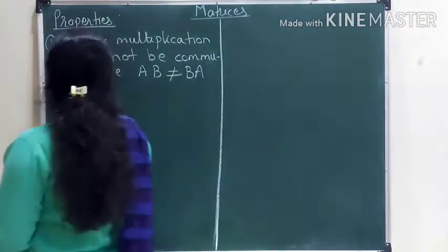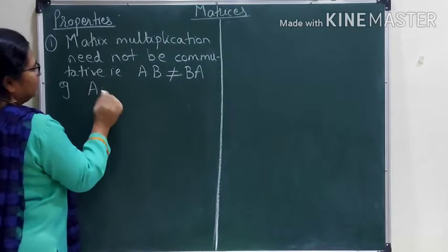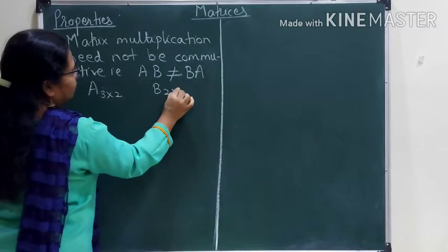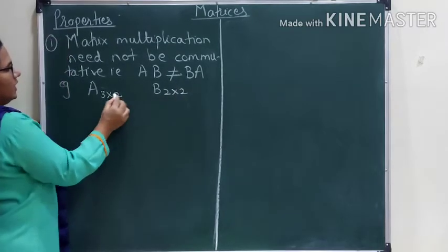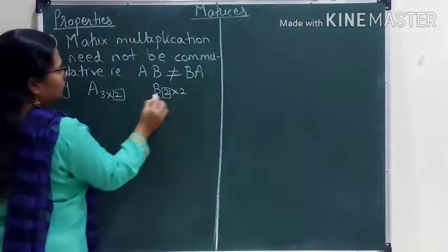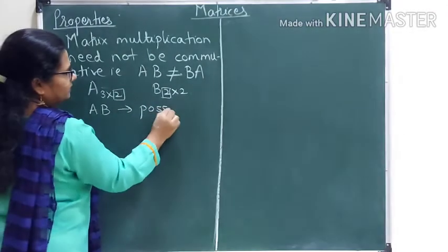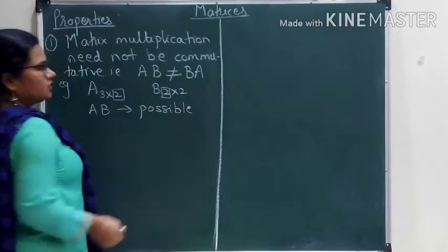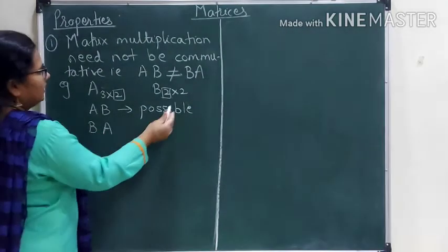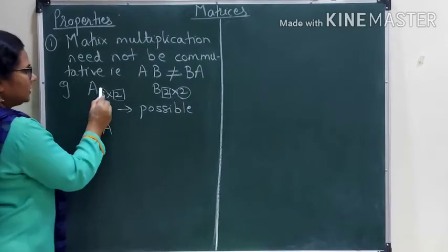Now why this? I will take one example and explain. Suppose I have a matrix A of order 3 by 2 and matrix B of order 2 by 2. For A into B, the number of columns is equal to the number of rows, so A into B is possible. Matrix multiplication is conformable. But when you talk about B into A, what is the number of columns in B? 2. What is the number of rows in A? 3.